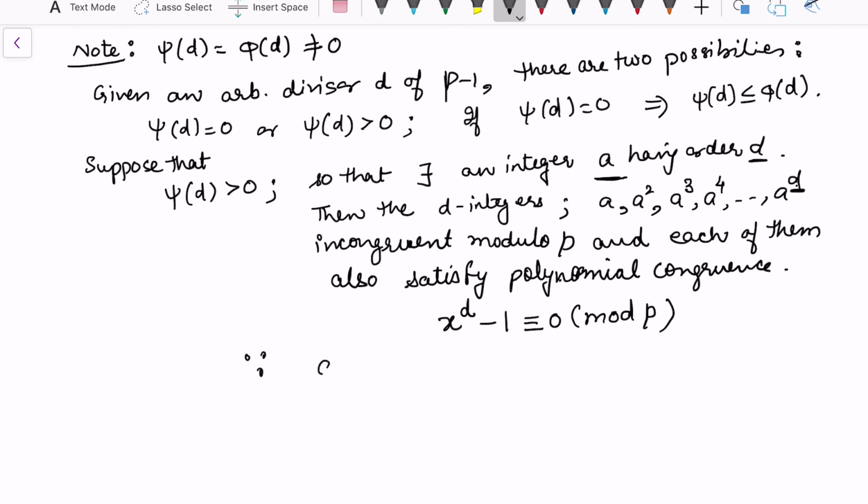Let us see now. If I take any a to the power k and then raise it to power d, this is congruent to a to the power d, and then taken to the power k, this is congruent to 1 modulo p.